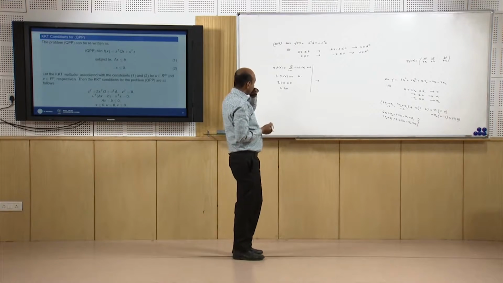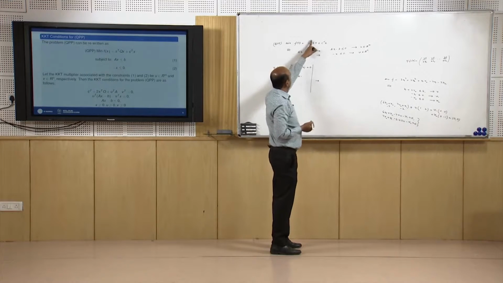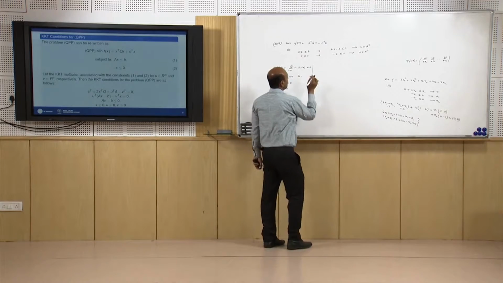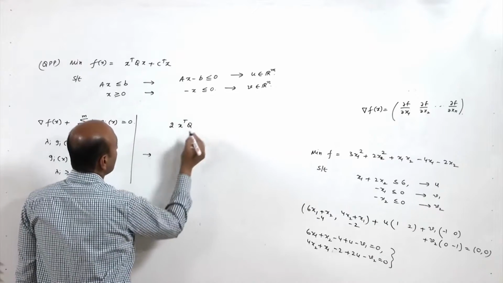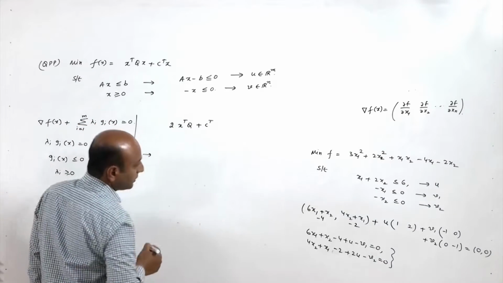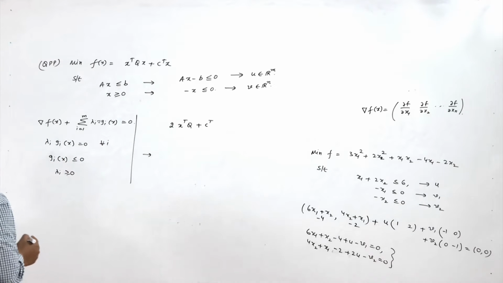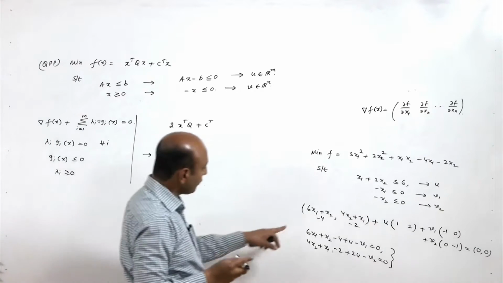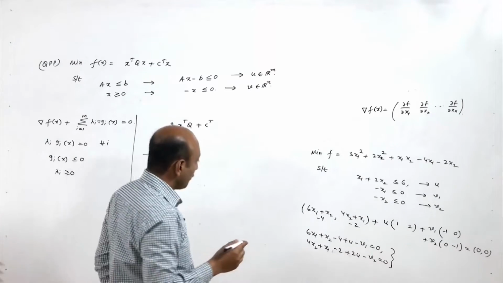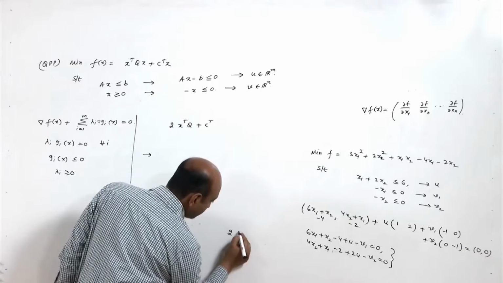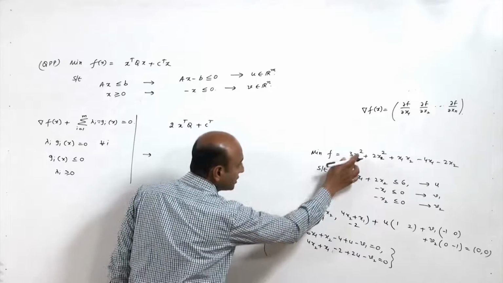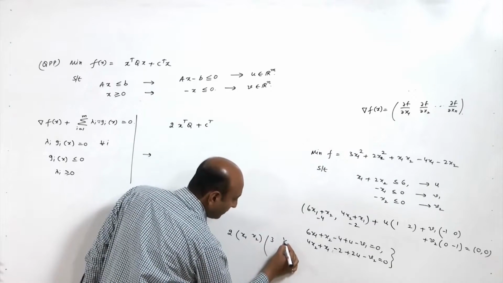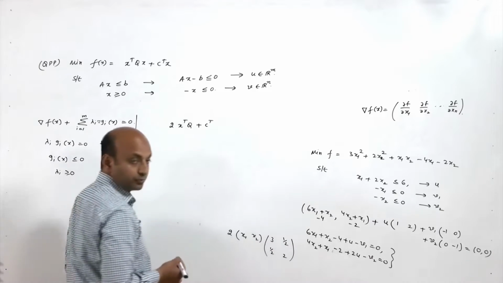Now if we try to write down the gradient of this quadratic term, it will be nothing but 2x transpose Q plus c transpose. Why is that? You can easily see from this example: 2 times x transpose is x1 x2, and Q for this problem is 3, 1/2; 1/2, 2.